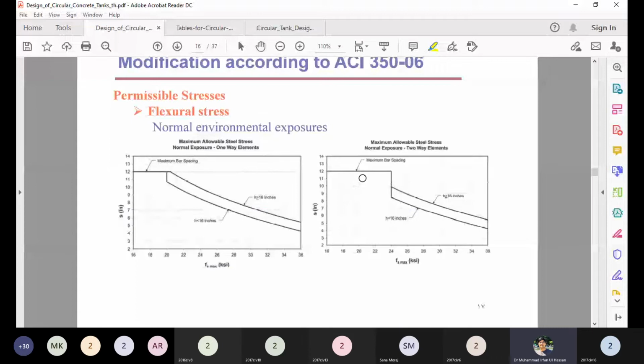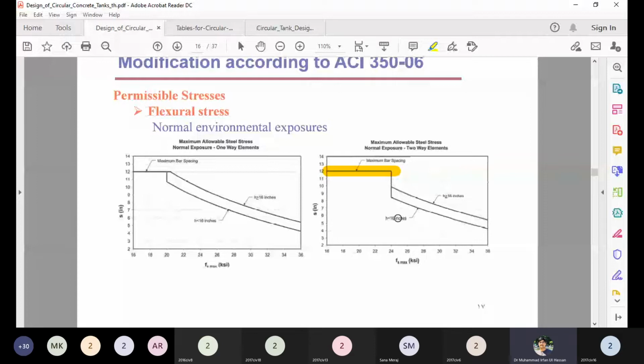We can also see the flexural stresses from this curve, where S is on the vertical axis and the flexural stress maximum limit is on the horizontal axis. You can see that the maximum spacing allowed in the tank is 12 inches, and Fs can vary from 16 to 24 for this spacing. Maximum bar spacing is this one.